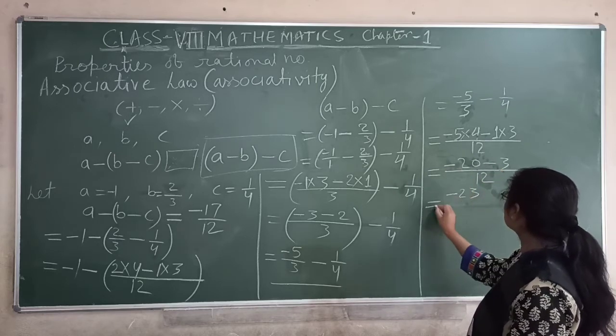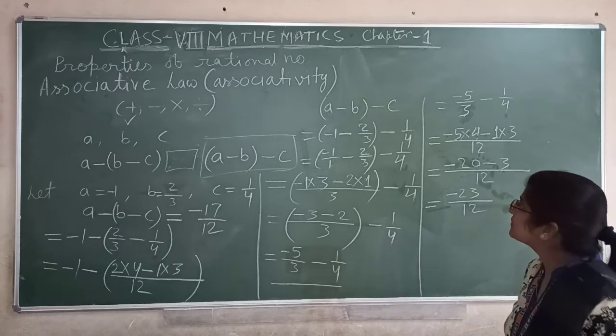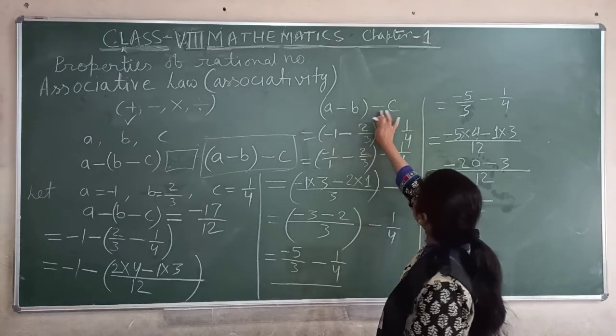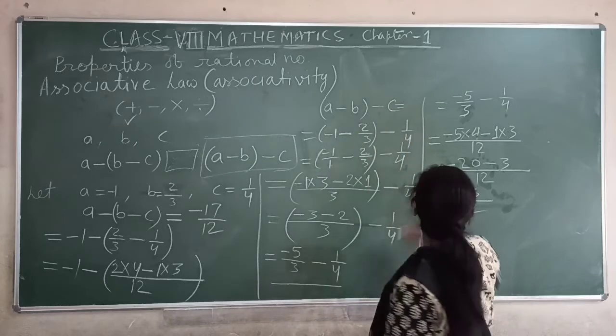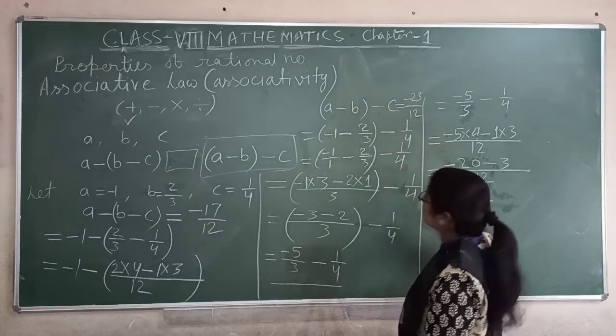Same sign added, 12. So A minus B minus C, you are getting minus 23 upon 12.